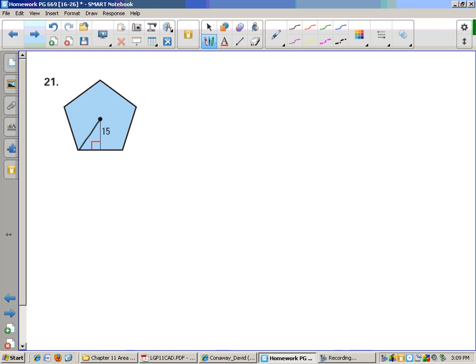Try to locate the center and draw your apothem in and call it 15. And then after you're done, I want you to take out that triangle, and let's just look at that triangle.